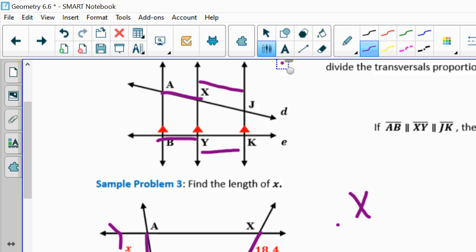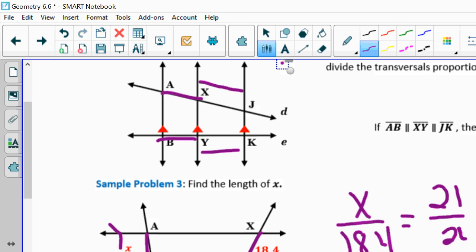So X over 18.4 is going to equal proportional 21 over 24. Cross multiply, 24 times X equals 21 times 18.4.